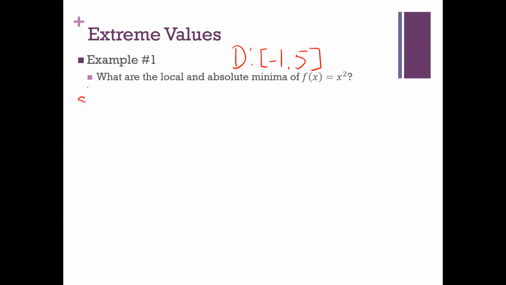So I want to find the absolute minimum. So where would I need to look? So definitely need to look at the endpoints, right? So f of -1 and f of 5. What are those?